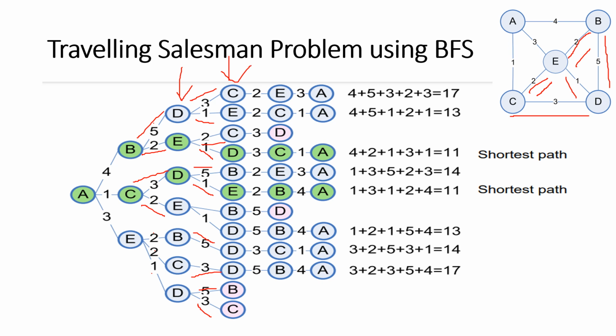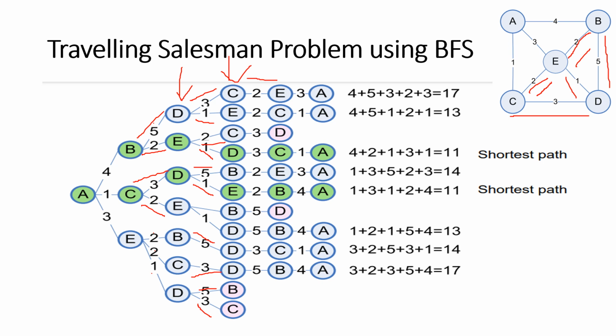Then C, you can see A is the parent node, D is the parent node. So we only have one child, that is E. Then from E, A and B are the parent nodes. D is also the parent node.